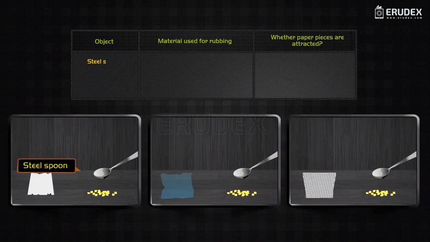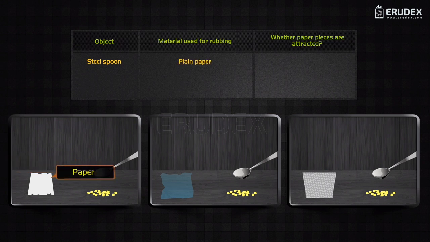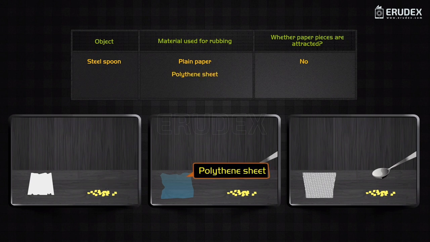The object is steel spoon. Plain paper is the material used for rubbing. It does not attract the pieces of paper. The same result with polythene sheet and with woolen cloth as the material used for rubbing.